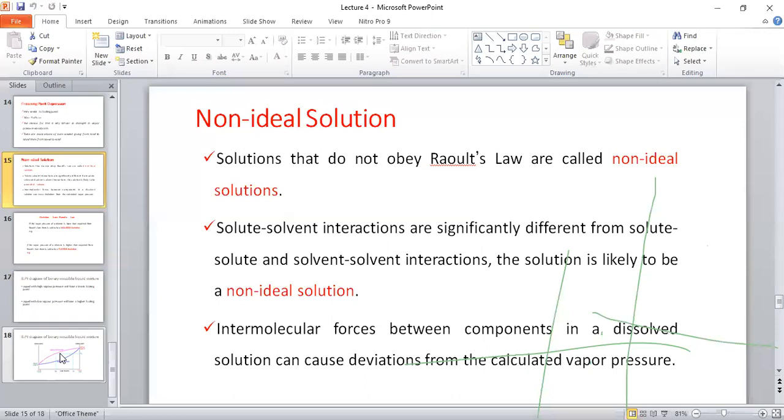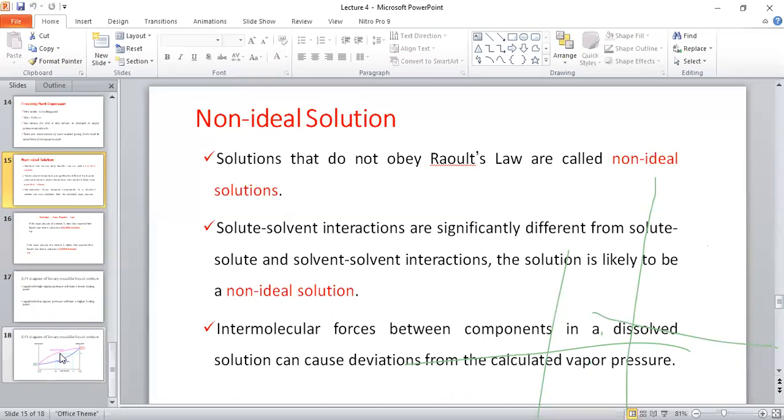Like I said to you, all the forces are the same. But in a non-ideal situation, like we said before, it is not so. So solutions that do not obey Raoult's law are called non-ideal solutions.